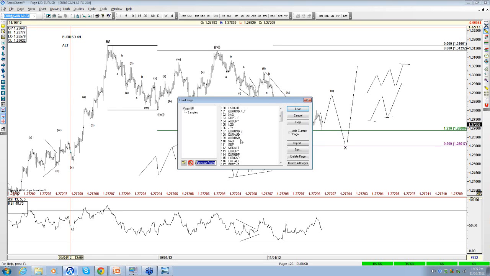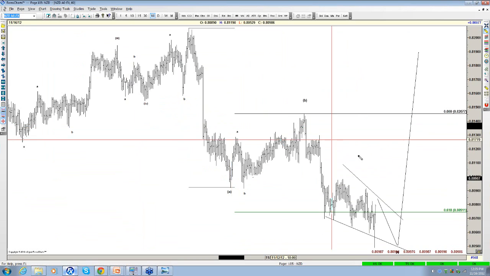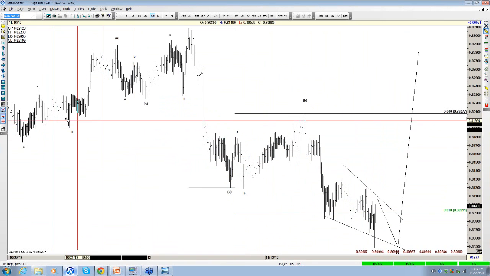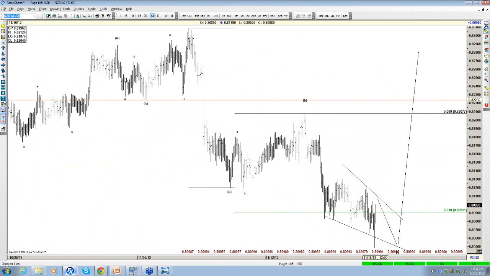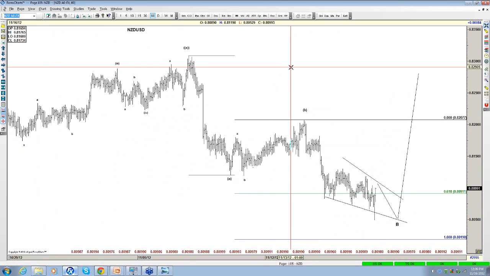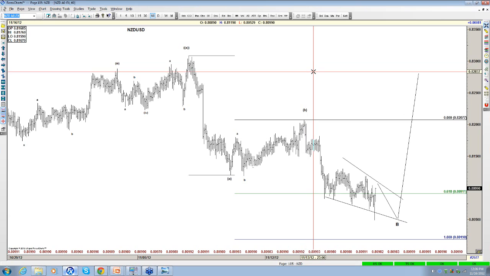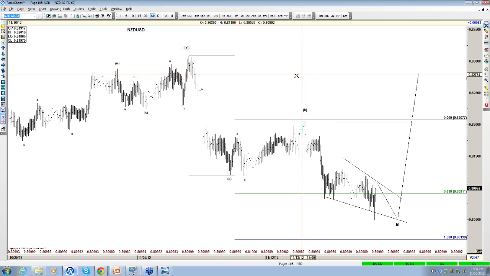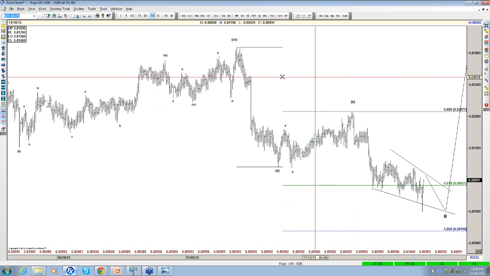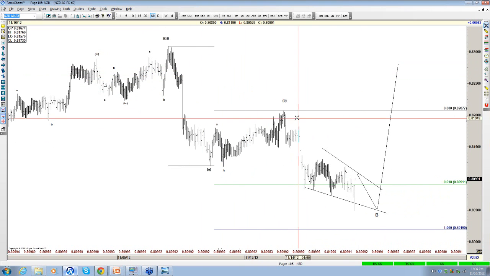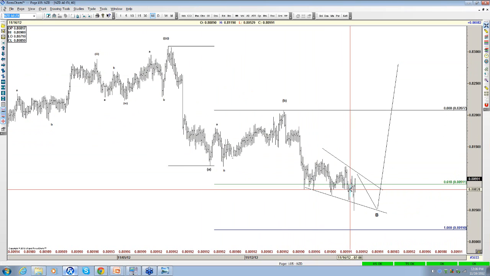Okay, let me see if we can find it. Where? Right here? From where? If it was 2 days ago, well, 2 days ago should be around here.